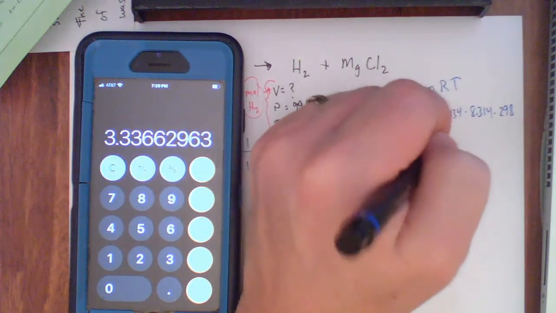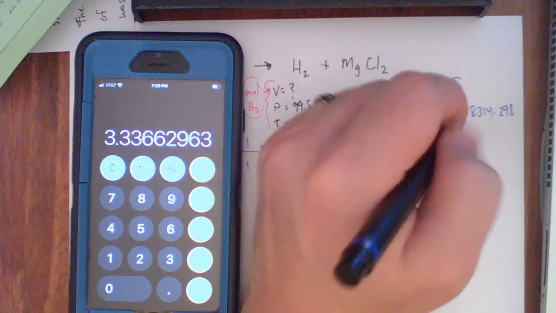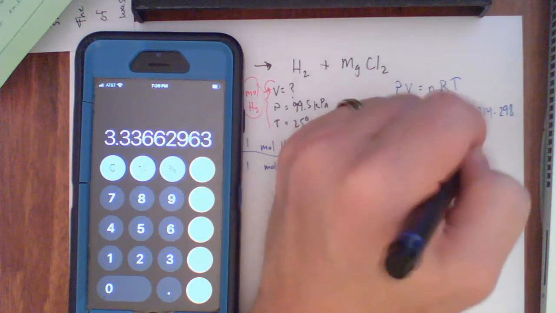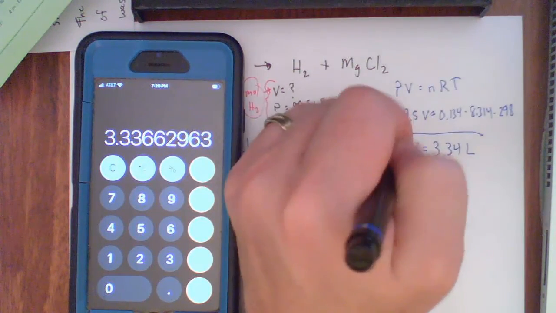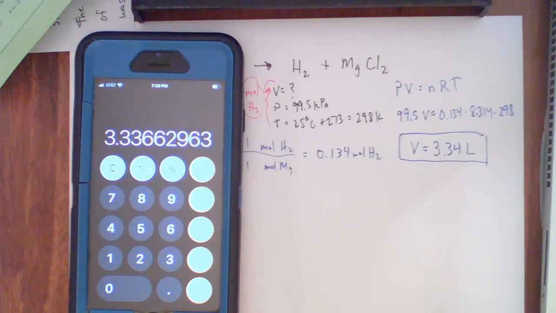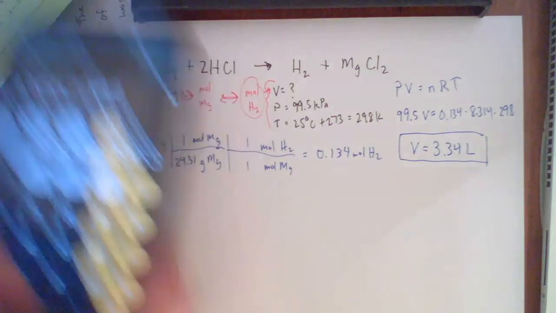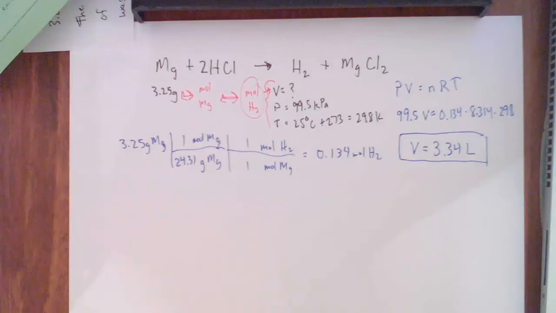Volume comes out to be 3.34 liters. So we'd need a pretty big balloon in order to hold all that. But that would be how we kind of go through and do stoichiometry with the addition of the gas laws.